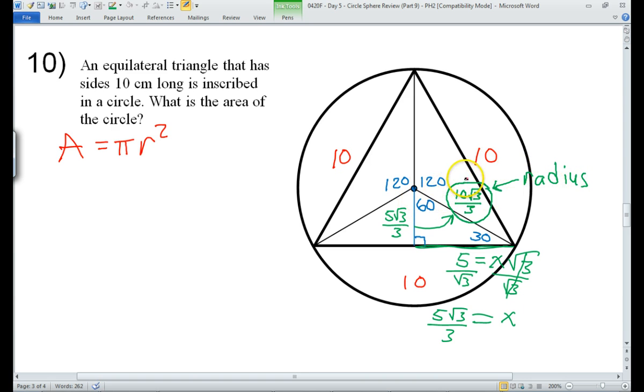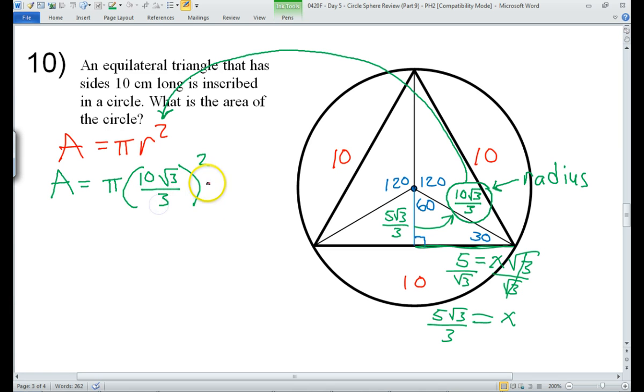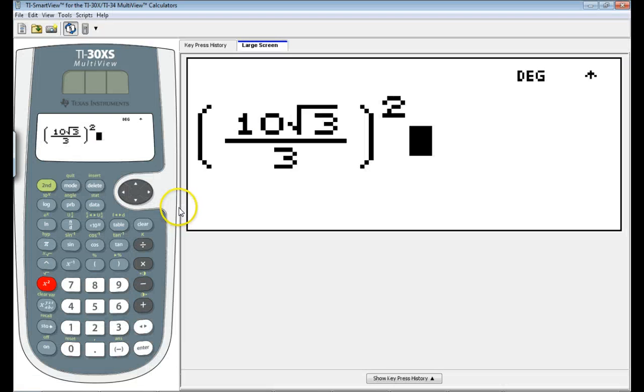Okay, so we need to take that and put it into our formula. So the area is equal to pi times the radius squared. So that's 10 radical 3 over 3 squared. Let's put the 10 radical 3 over 3 squared into the calculator and see what happens.